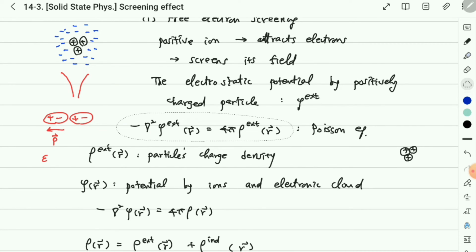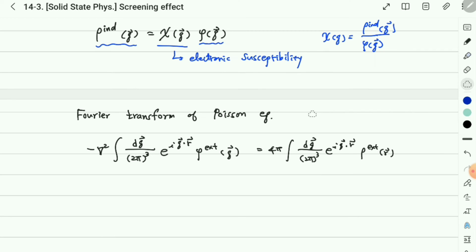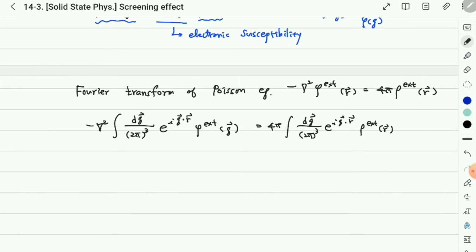We applied this Poisson equation. Therefore, by the second derivative in real space, i q is squared, so minus q squared appears, and the integral dq over 2 pi cubed is obtained on both sides, with the exponentials.